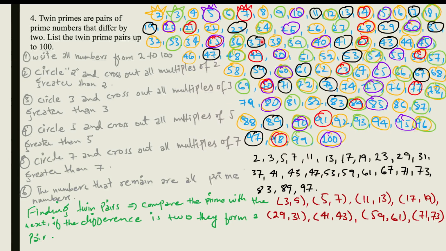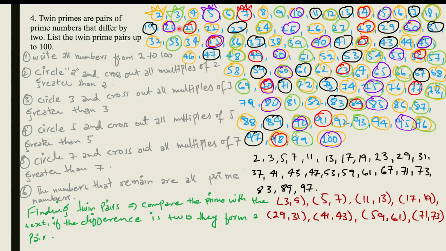So here, the multiples of 7 are 14, 21, then 28, 35, 42, 49, 56, 63, 70, 77, 84, 91, and 98. Once we did that, the numbers that remain are all prime numbers.